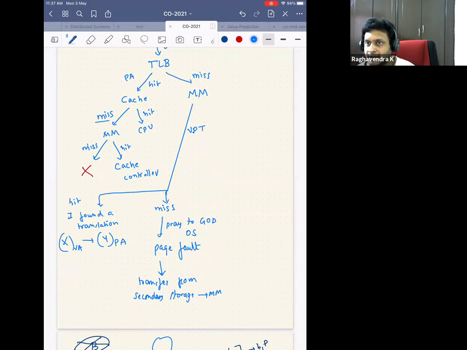All these things are happening while the process is sitting idle, waiting for that one byte that you generated, and that byte is not available in the memory hierarchy. After the data is brought from the secondary storage to the main memory, the page table will be updated, maybe the TLB will also be updated, and then the process will be awakened and will continue execution. Is this clear?